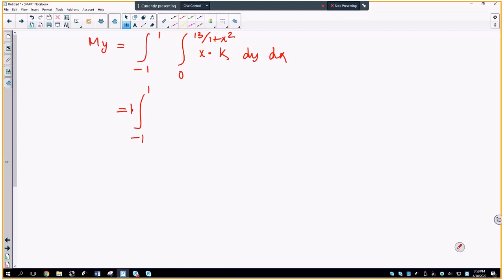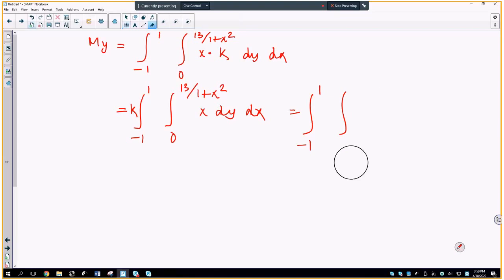You can pull out the k and you get integration 0 to 13 over 1 plus x squared, x dy dx. Since x is constant with respect to y and I'm taking the antiderivative with respect to y, I'll go ahead and say that this is negative 1 to 1, and then let's do the antiderivative already.